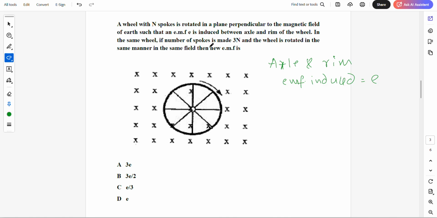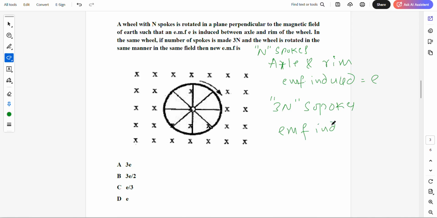In the same wheel, if the number of spokes is made 3n: if n spokes are there, what is EMF induced between axle and the rim? It is E. If 3n spokes are there, what is the EMF induced?